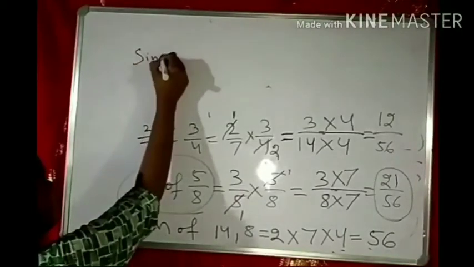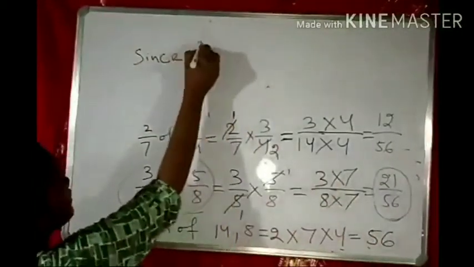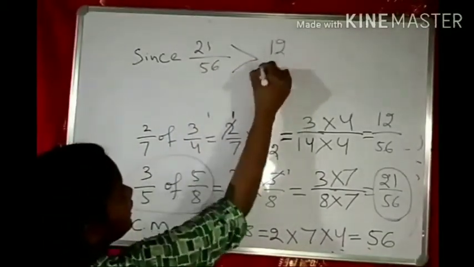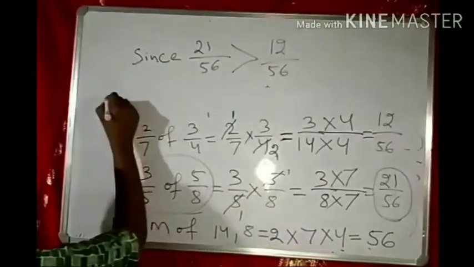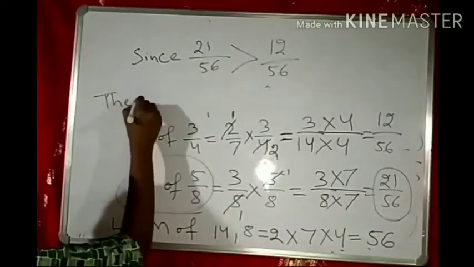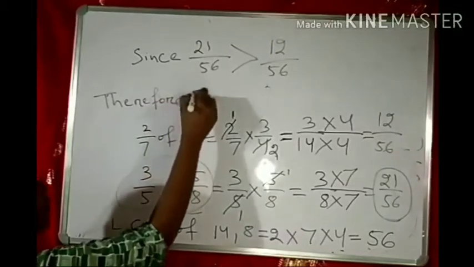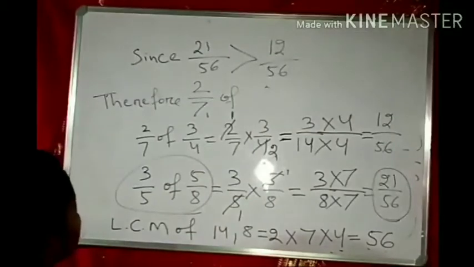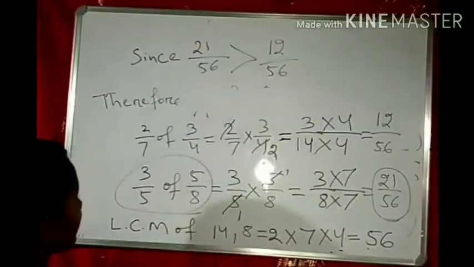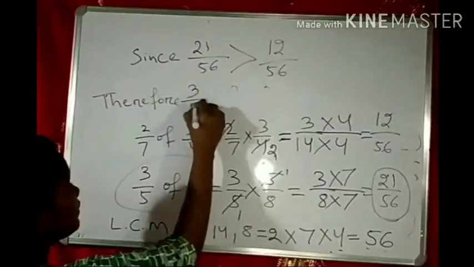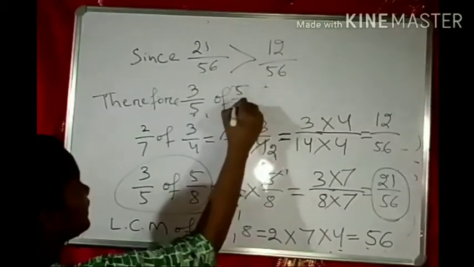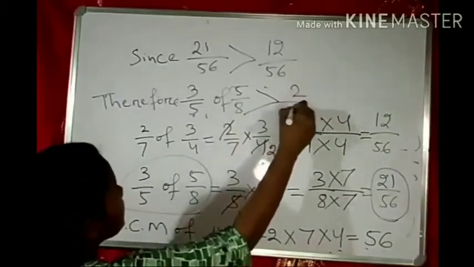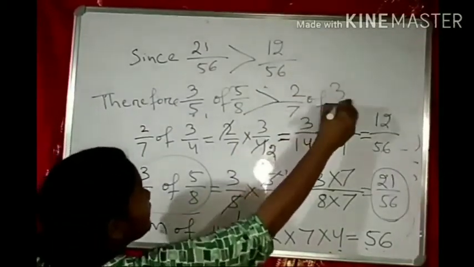Since 21 by 56 is greater than 12 by 56, therefore 3 by 5 of 5 by 8 is greater than 2 by 7 of 3 by 4.